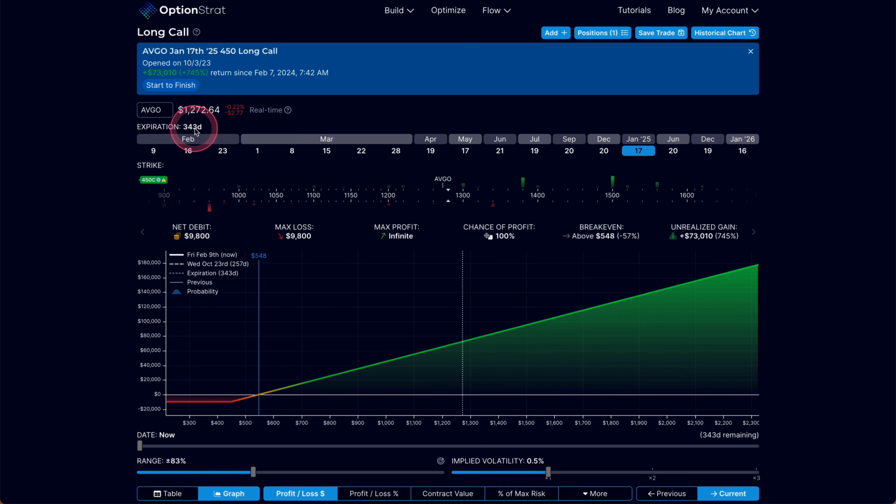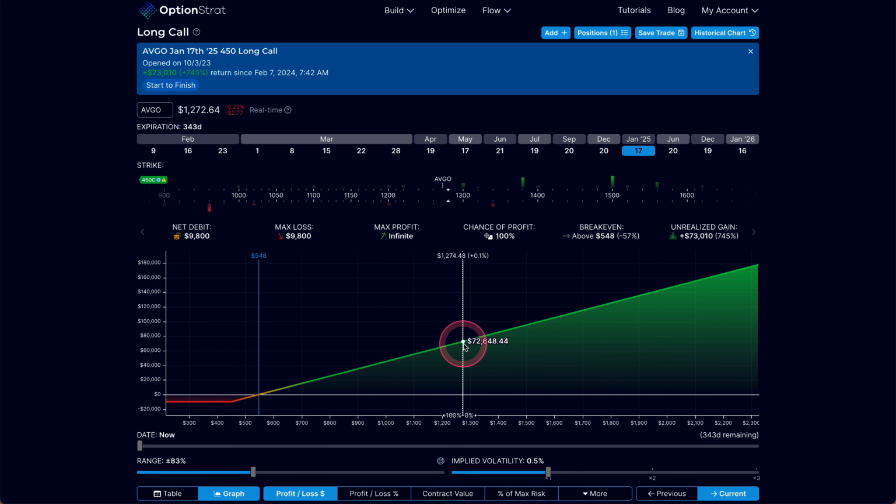There's still 343 days left in this, so I purchased this over 2 years out. Going back to that diagram of theta decay, where theta decays much slower early in the trade, I had some time. I could wait a couple months to see if this trade was in fact going to move in my direction. Ultimately, it started moving in my direction quite significantly.